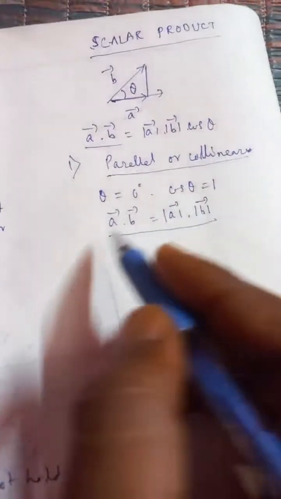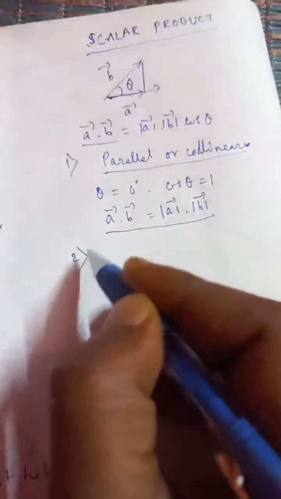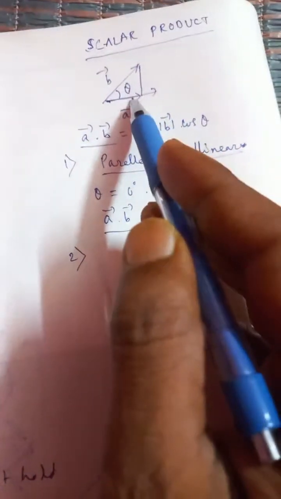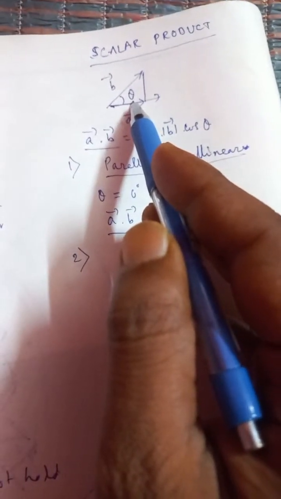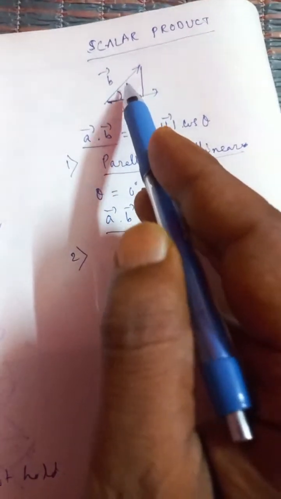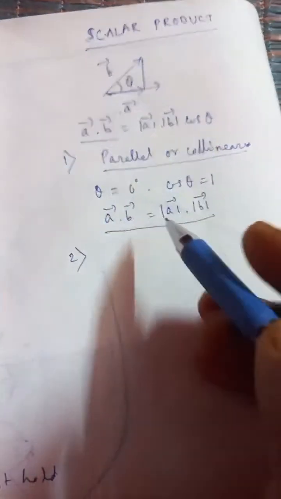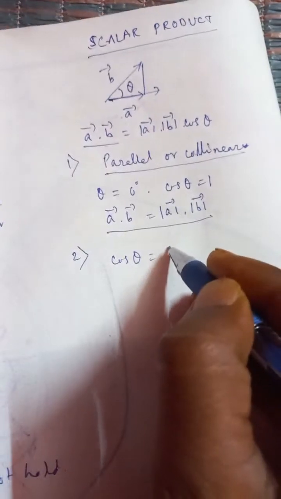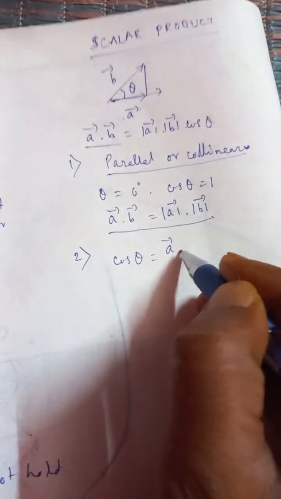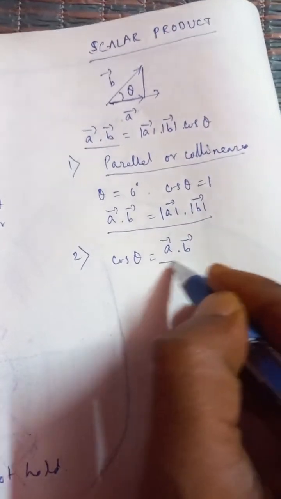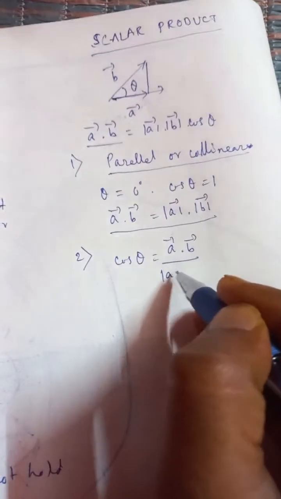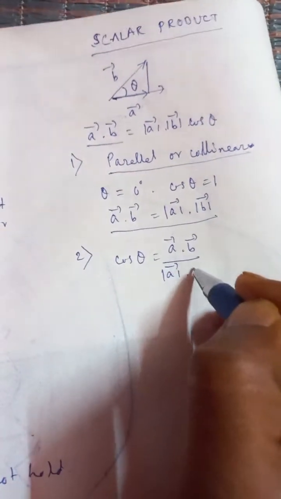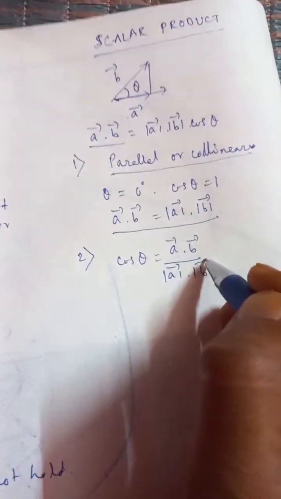Now, how do we find the angle applied between these two vectors? Here cos theta will be A vector dot B vector over mod of A vector times mod of B vector.